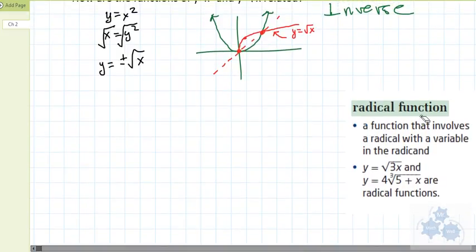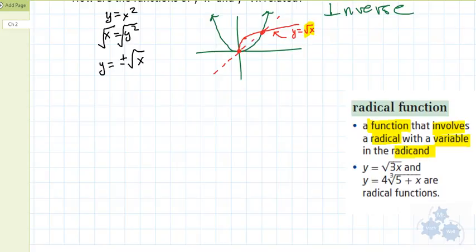A radical function, as defined in your textbook, is a function that involves a radical with a variable, more specifically in the radicand. To be more specific, it's not just a root sign, it's the input variable that is underneath the root sign somewhere.